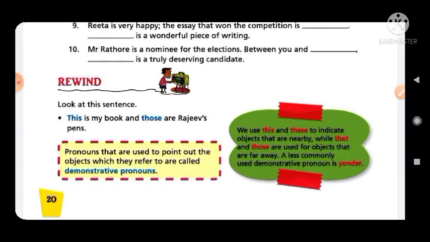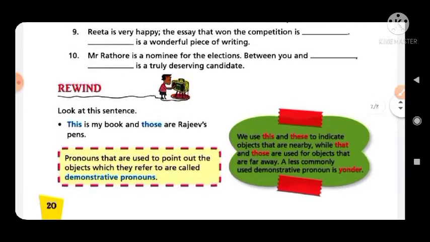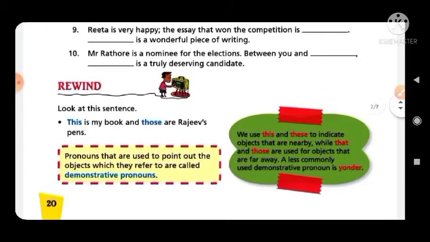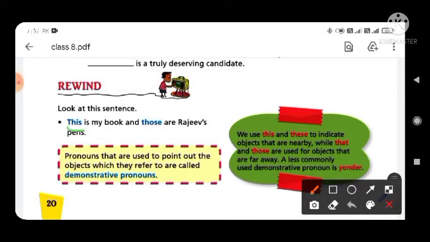Thus this, that, these and those are demonstrative pronouns. See an example of the demonstrative pronoun: this is my book and those are Ravi's pens. Here this and those are the demonstrative pronouns.